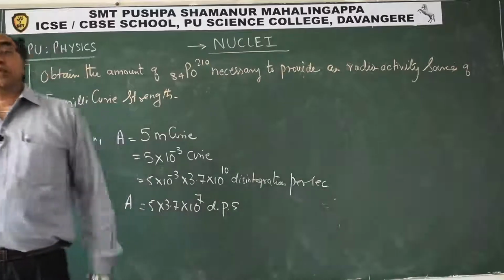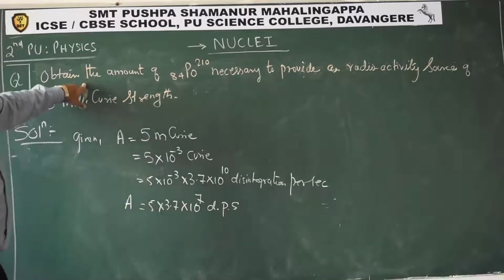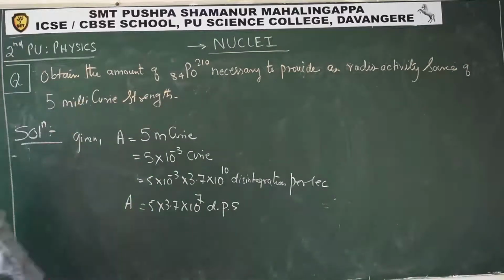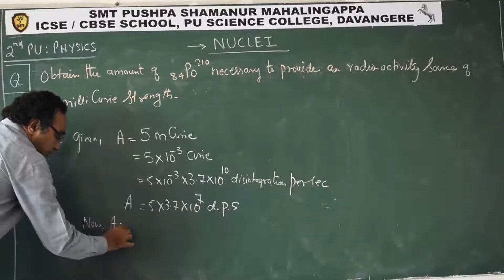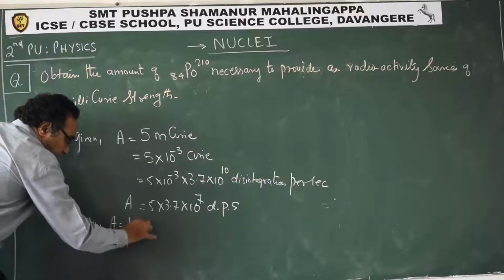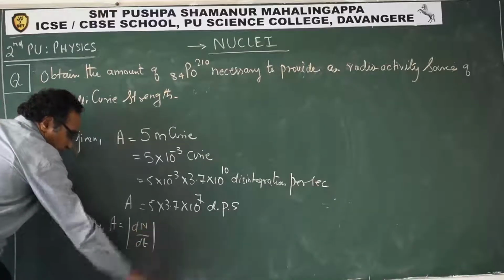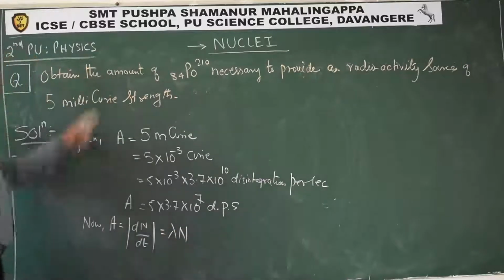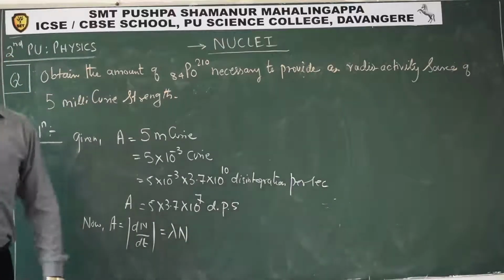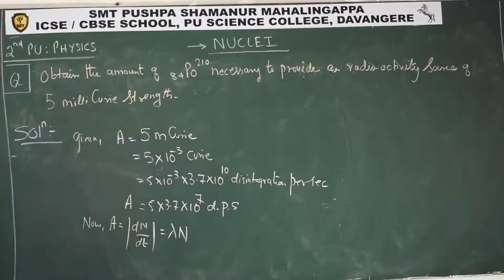Now the question is, we need to find the amount. Activity is dN by dt. This is also said as lambda N. Now, the half-life of polonium is given.